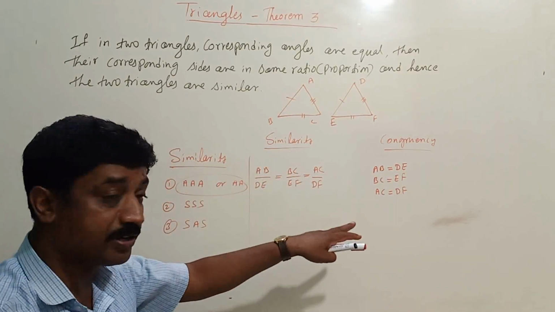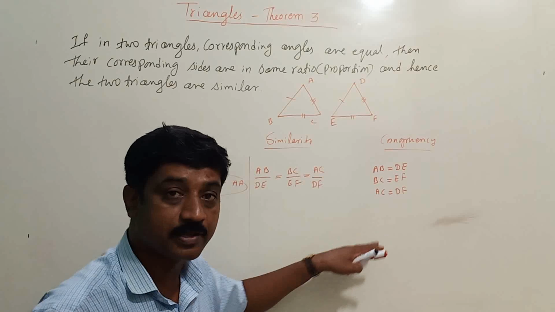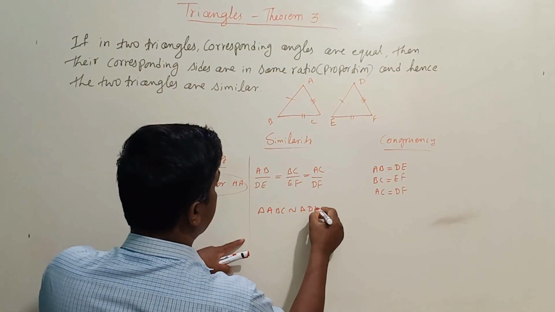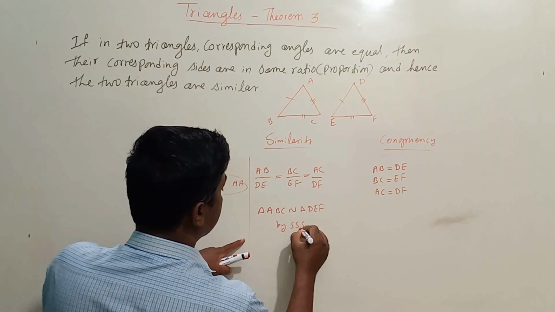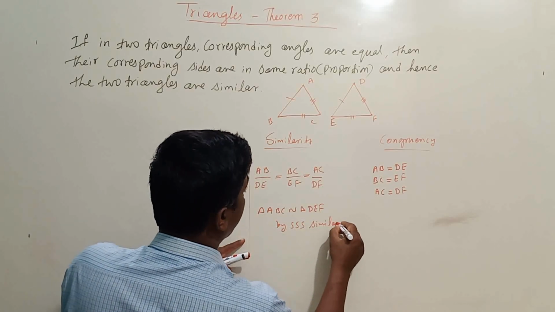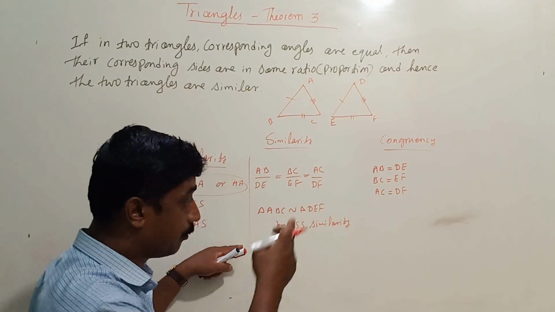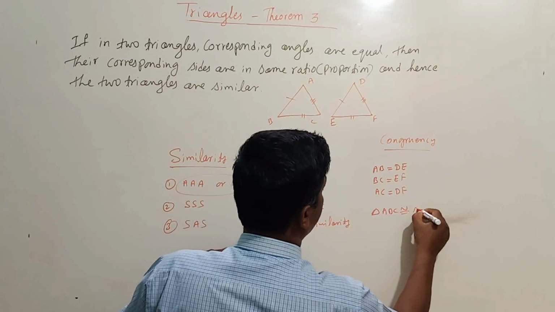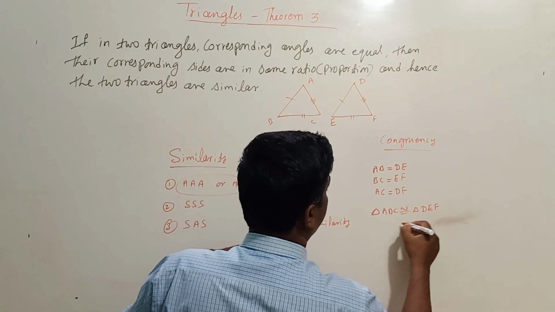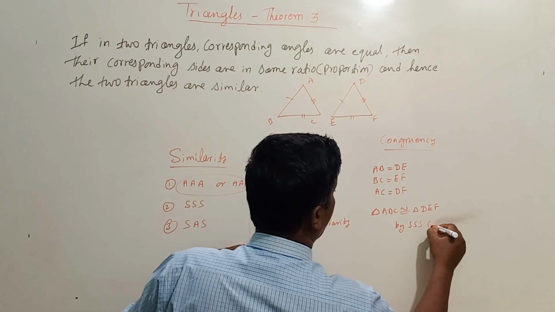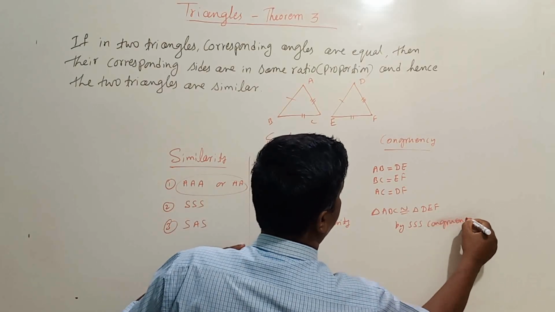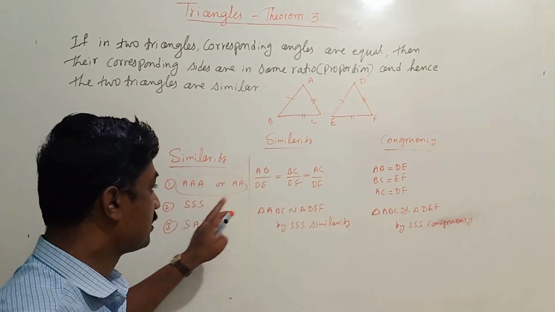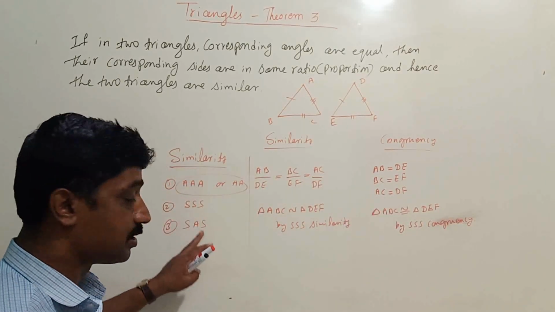Look at that, the difference between similarity and congruency. Got it? Here, triangle ABC is similar to triangle DEF by SSS Similarity Criteria. And there, triangle ABC is congruent to triangle DEF by SSS Congruency Criteria. That's the difference.